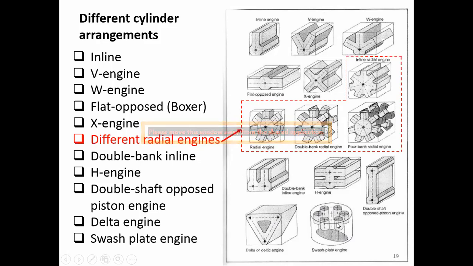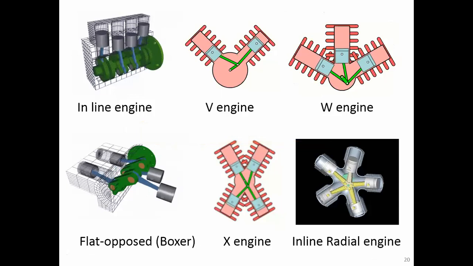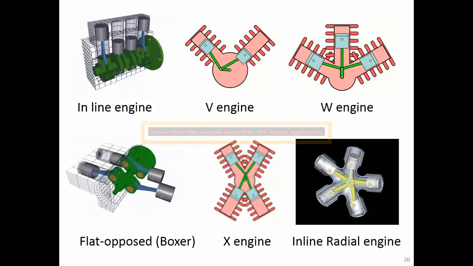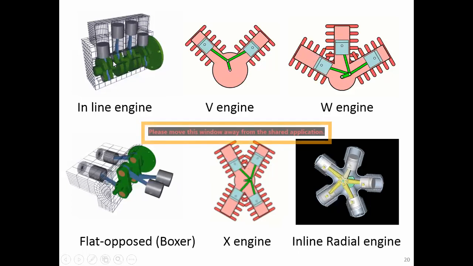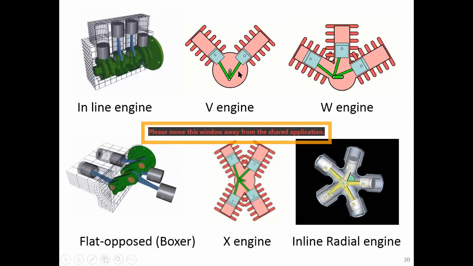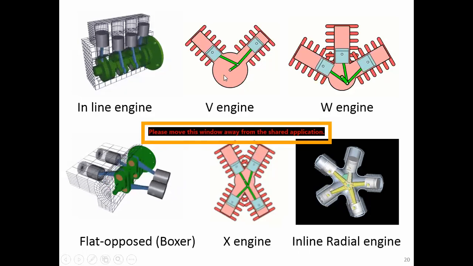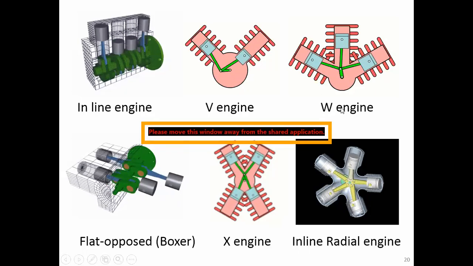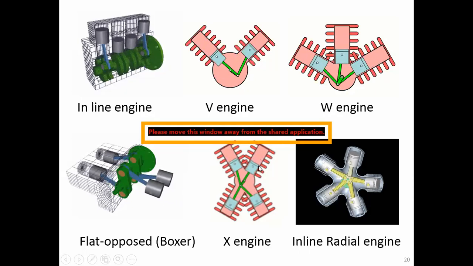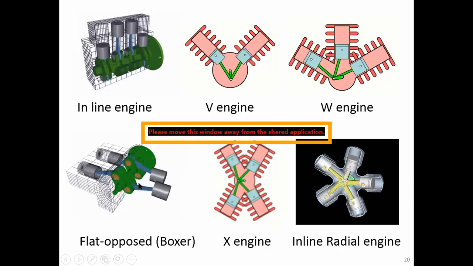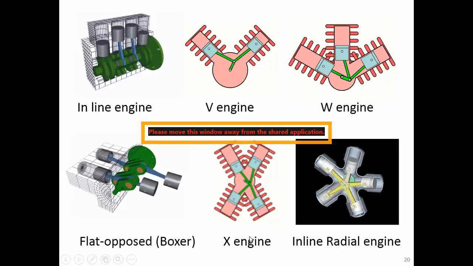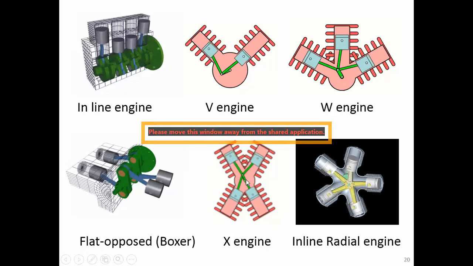All of this, I will give you the animation here. In here, you see how the inline engine works. You see the V engine work like this. The crankshaft rotates. The W engine. The boxer engine. The X engine, 4-cylinder.